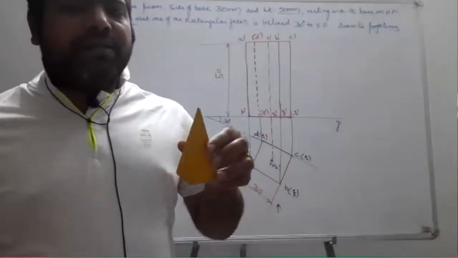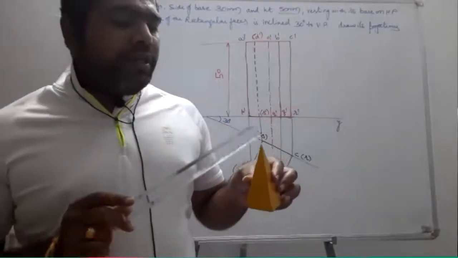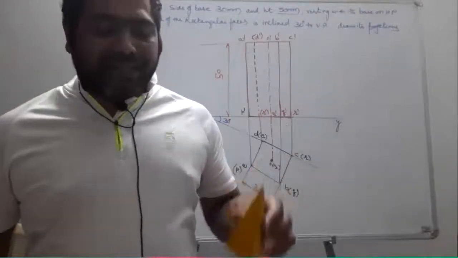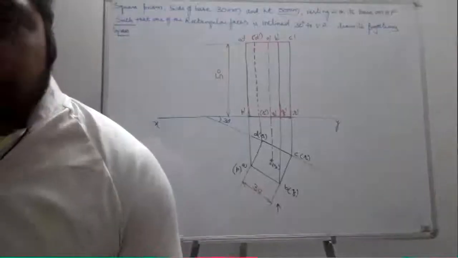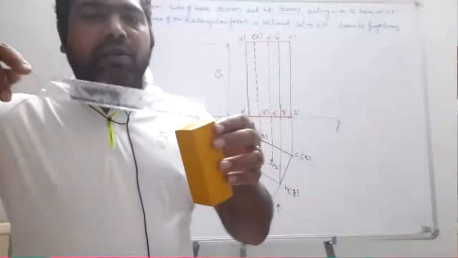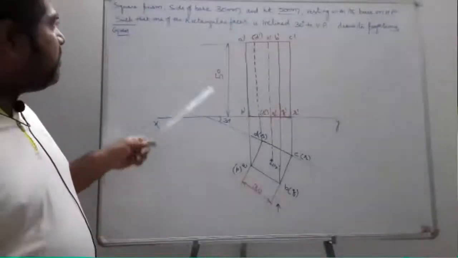This was your apex. And what is the axis? The imaginary line joining the apex to the center of the base, we obtain the axis. Similarly, the imaginary line joining the center of the bottom base and the center of the top base is going to be considered as the axis. Okay, so yesterday we discussed the simple position.